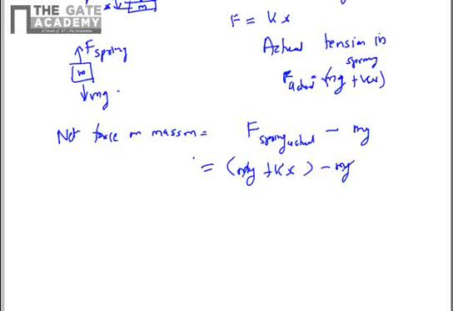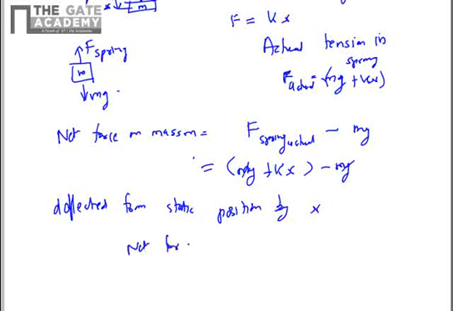So the mass is deflected from the static position by x, and the net force is equal to kx. So the dynamic deflection multiplied by the constant of proportionality of the spring.